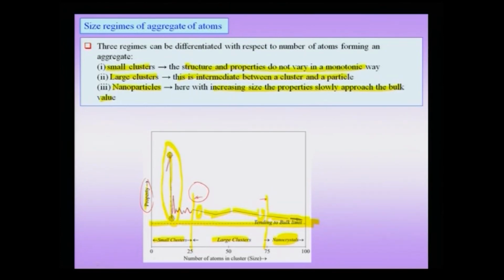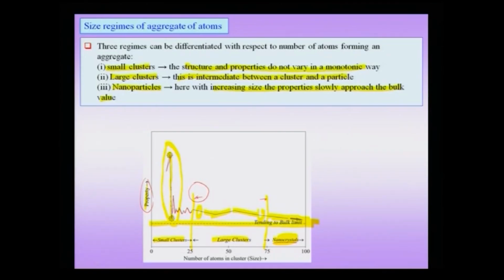So, to summarize this slide, there are three regimes which we can talk about: the small cluster regime, the large cluster regime, and the nanoparticle regime. And the specific examples of nanoparticles we are talking about here are nanocrystals, and for something to qualify as a crystal, we should have a sufficient number of unit cells, so that a long range order has been established.